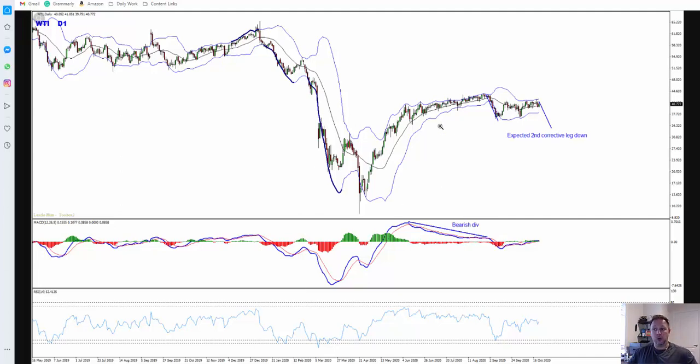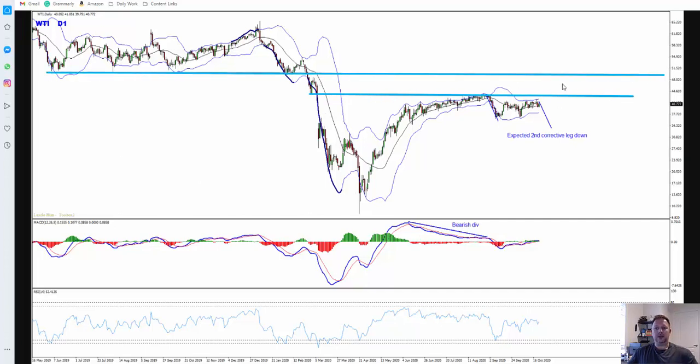So here is how I work, and that's one of the techniques I teach in Traders Academy Club. Here is what we have: a bearish divergence spotted on the daily time frame. Besides that, what else do we have? We have an obvious resistance zone that the oil is having in this area.